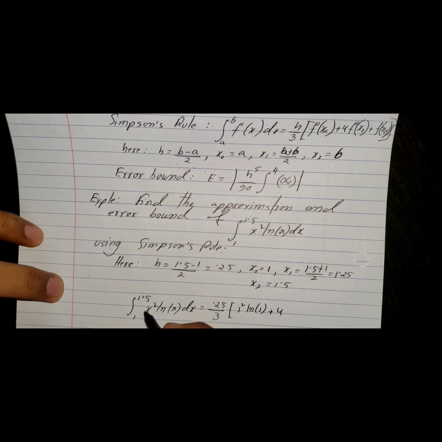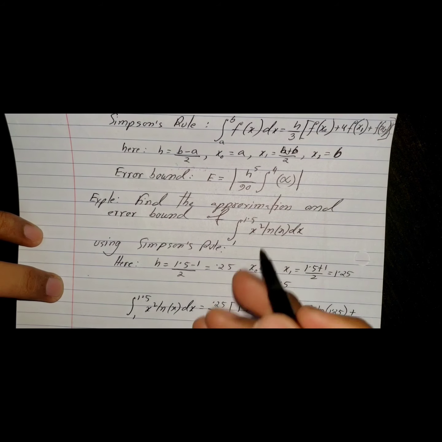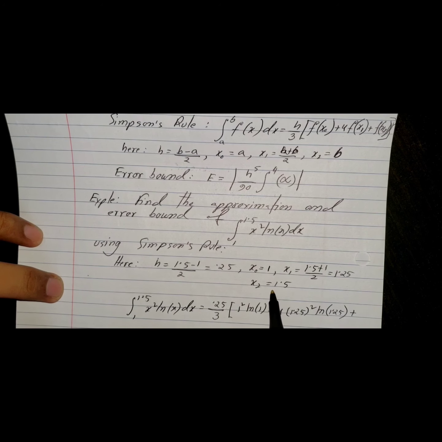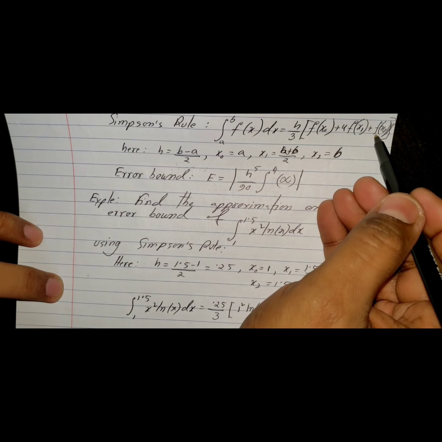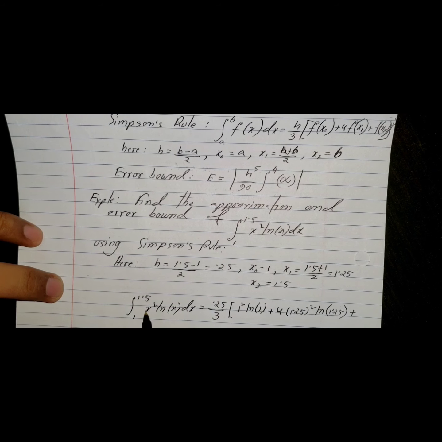Plug this 1.25 into x, that gives you 1.25 squared ln 1.25 plus your f(x2), which is 1.5 here. Replace x by the value 1.5, that gives you 1.5 squared ln 1.5.